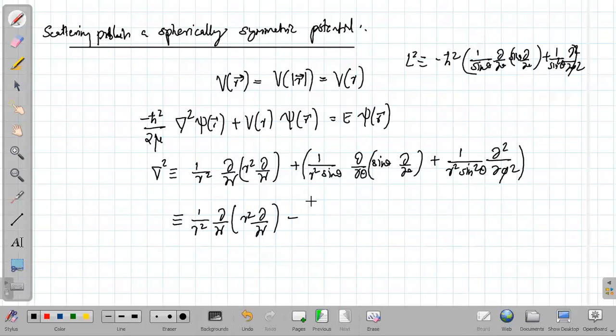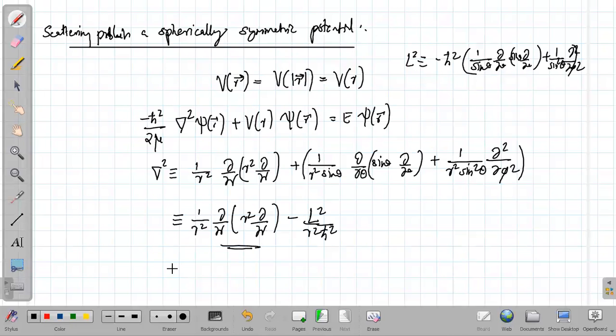Okay, so we'll get 1 upon r square here and 1 h cross square inside, and it becomes L square. So we can write L square by r square h bar square. So this is the form of del square.